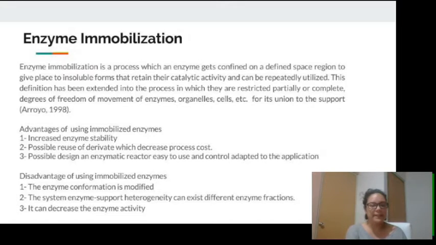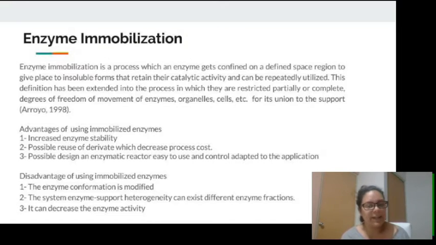There are advantages and disadvantages of using immobilized enzymes. On the advantage side, we can increase the enzyme stability, we can reuse the derivative and decrease the process cost, and we can possibly design an enzymatic reactor to use and control for the correct application.